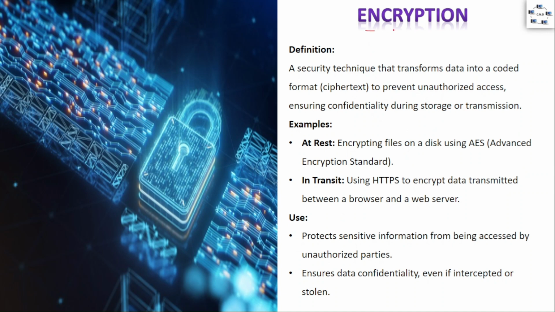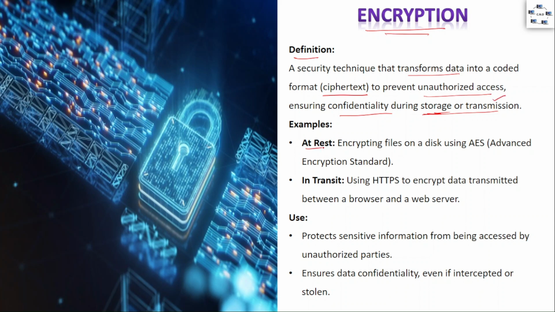The next mitigation technique is encryption. So the definition is that it is a security technique that transforms data into a coded form, that is ciphertext, to prevent unauthorized access, ensuring confidentiality during storage or transmission. So encryption can be used for data at rest, or when data is stored, or for data in transit, or when data is transmitted.